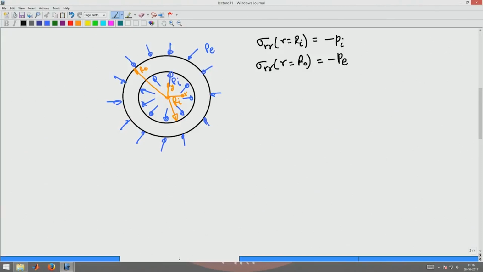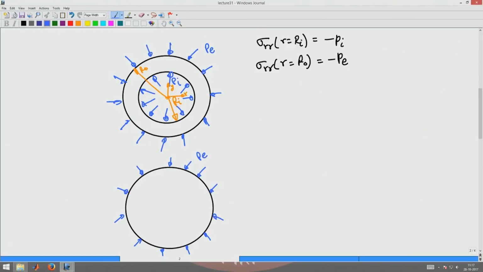Okay. And now let us say instead of an annular cylinder, I have a solid cylinder pressurized from outside, then what will happen? This outward acting pressure would be normal to the surface.